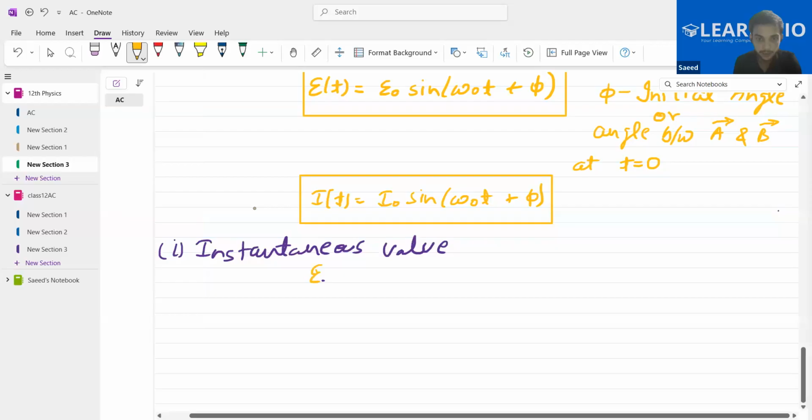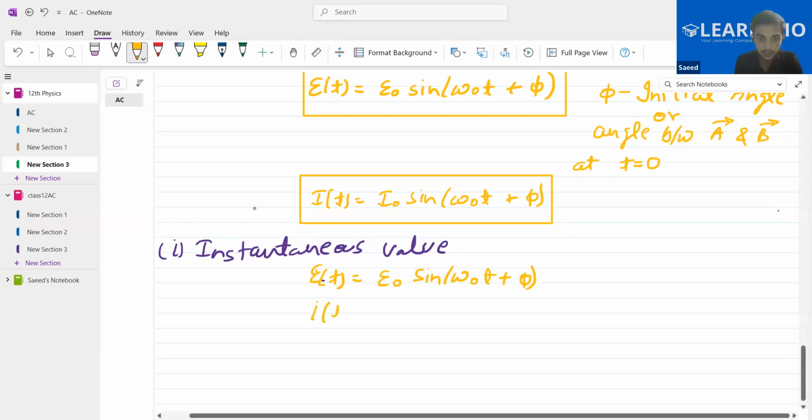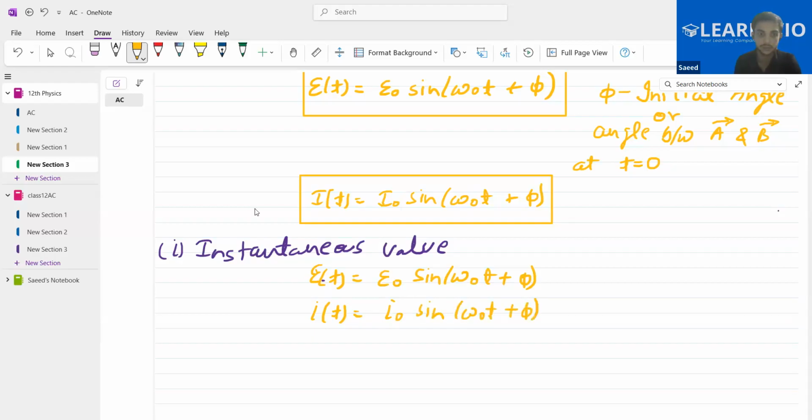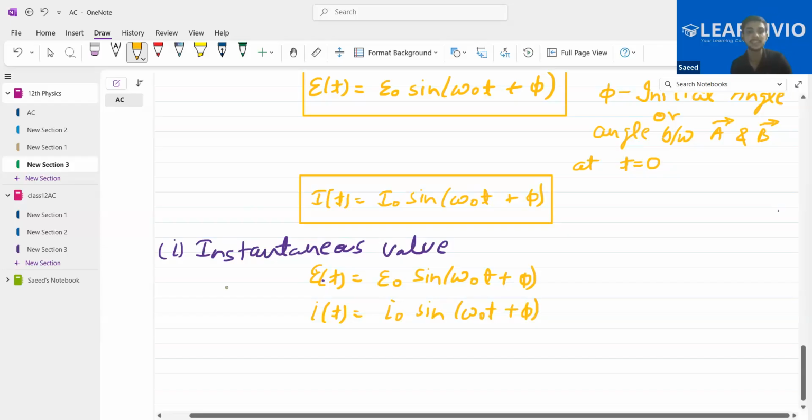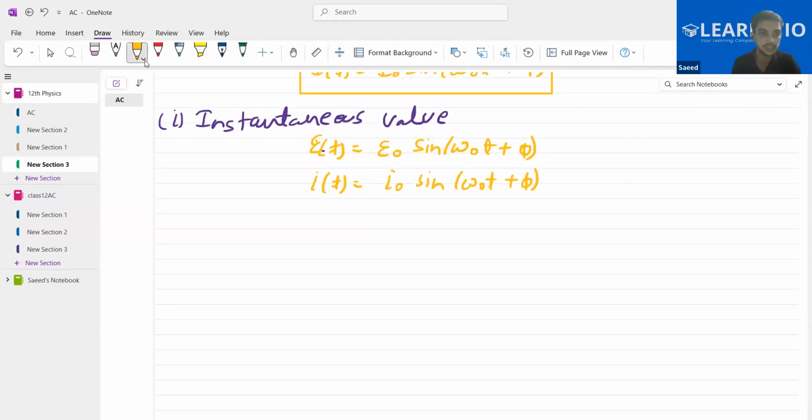That is, E of t will be E naught sine of omega naught t plus phi, and I of t will be I naught sine of omega naught t plus phi. At any instant, if we require E of t or I of t, we just put the value of t there and we get the value. This is described by the instantaneous value.